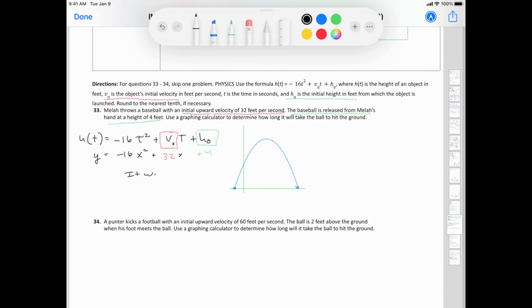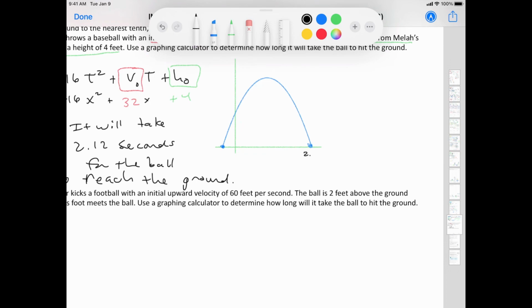It will take 2.12 seconds for the ball to hit the ground. So this is 2.12, that number doesn't matter.